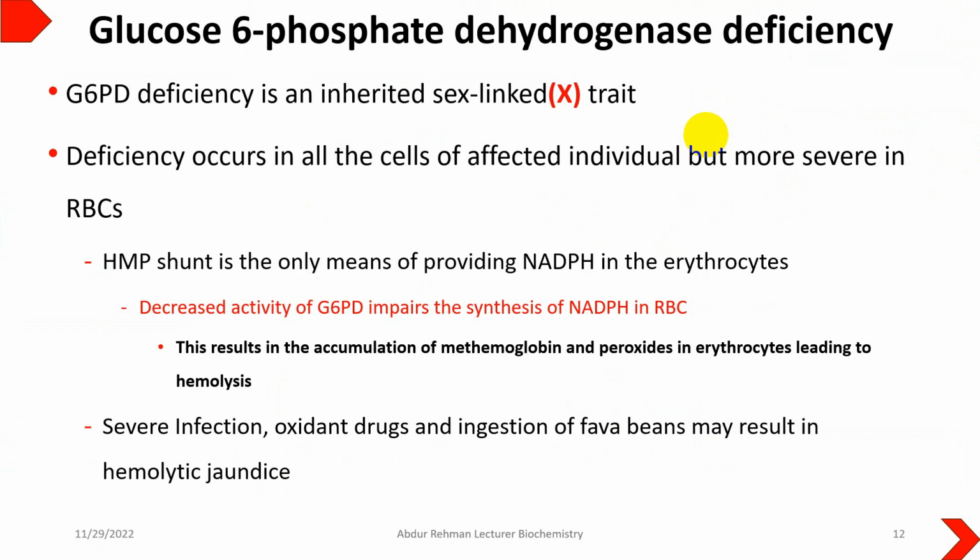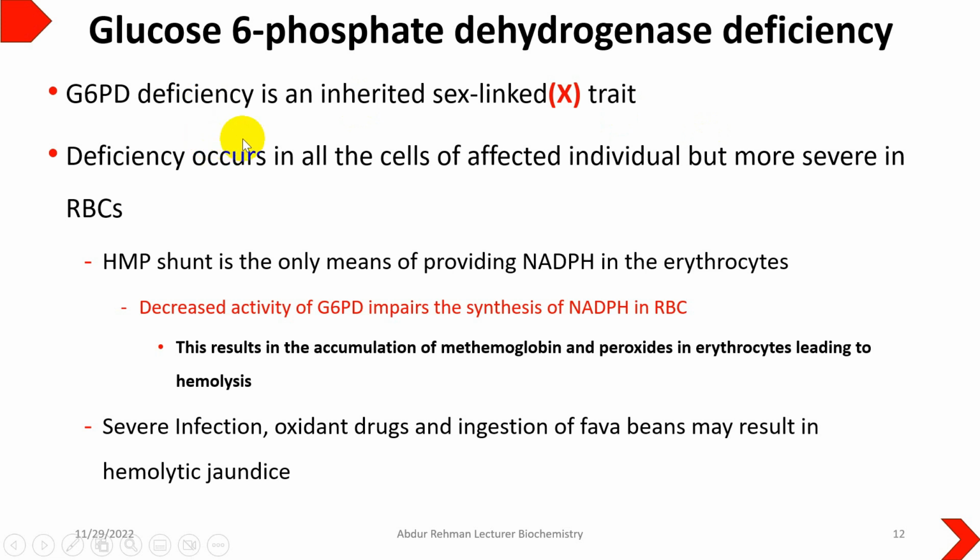Now comes the glucose 6-phosphate dehydrogenase deficiency, which is the first reaction of the oxidative phase. If there is a deficiency of this enzyme, that could lead to hemolytic anemia. Anemia, you know, is the reduction of red blood cells and hemoglobin level in a person.